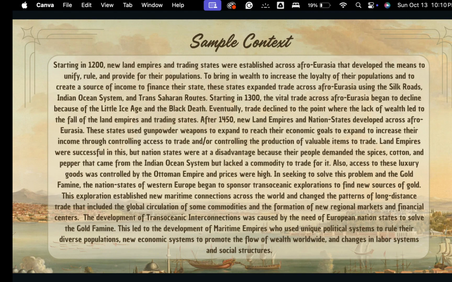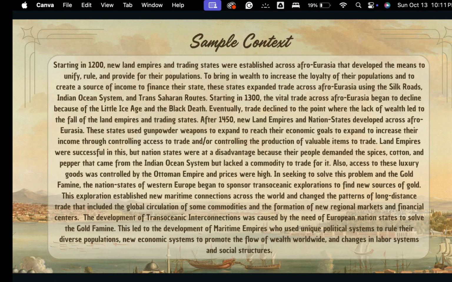Starting in 1300, the vital trade routes across Afro-Eurasia began to decline because of the Little Ice Age and the Black Death. Eventually, trade declined to the point where the lack of wealth led to the fall of land empires and trading states. After 1450, new land empires and nation states developed across Afro-Eurasia.